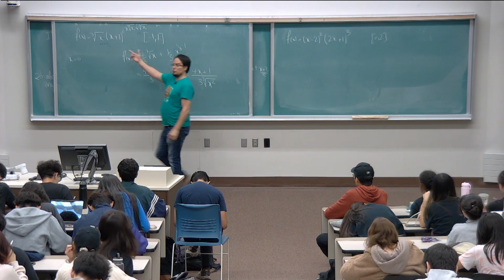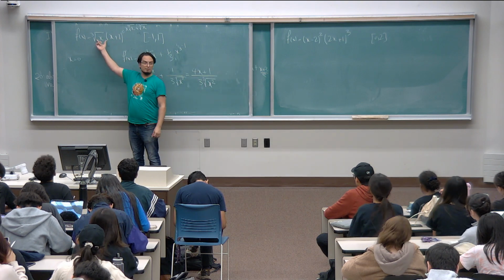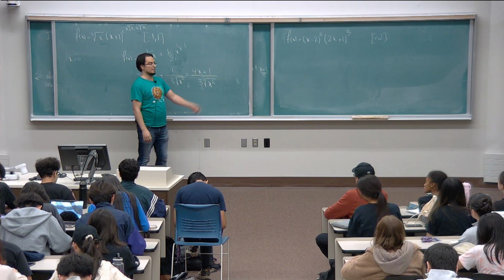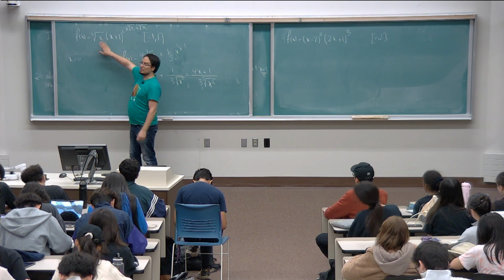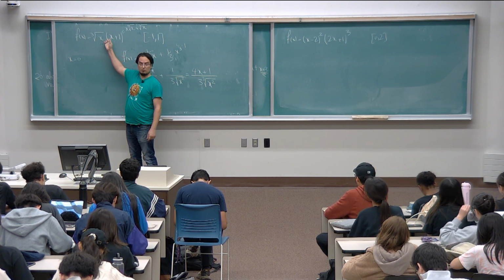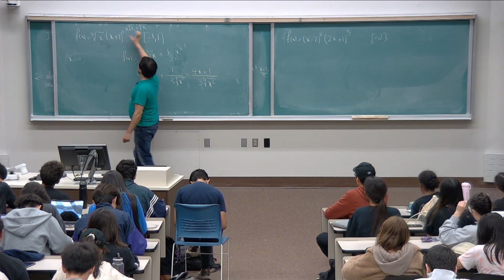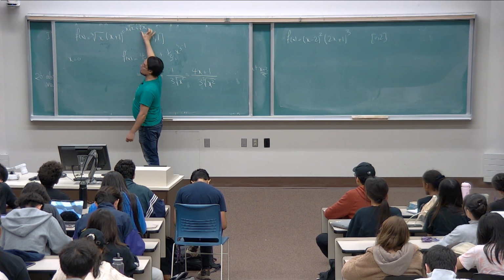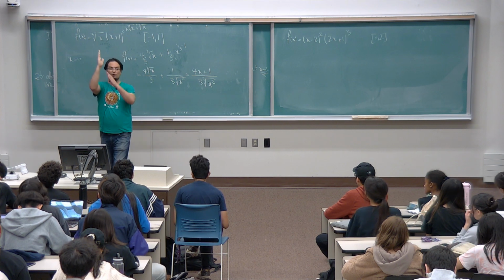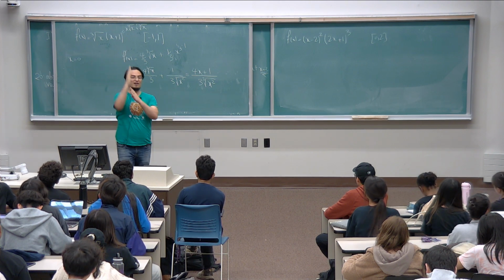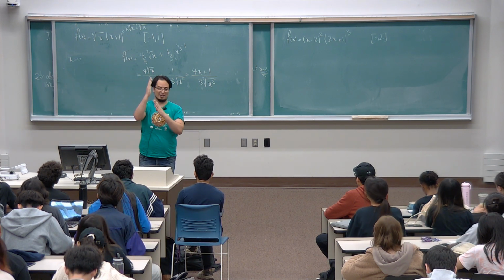One thing that you should see here is that the function is defined at 0. Yes? Because it's a good function. But when you expand this, the third root of x is one of those functions that has a vertical tangent line.